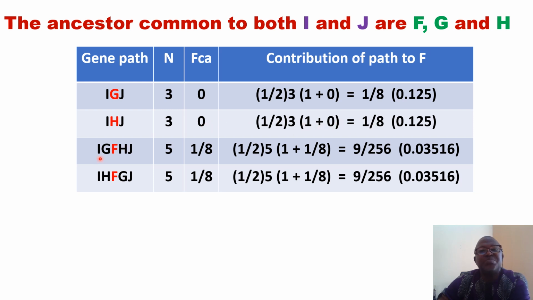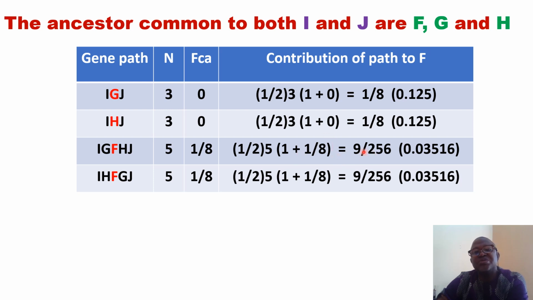Or if you take the gene path IGFHJ, there are 5 individuals within that line. And remember that F is inbred. And in that case, the inbreeding coefficient is 1 over 8 because F is produced from half sibs. So that will be half raised to power 5, bracket open 1 plus 1 over 8, bracket close.